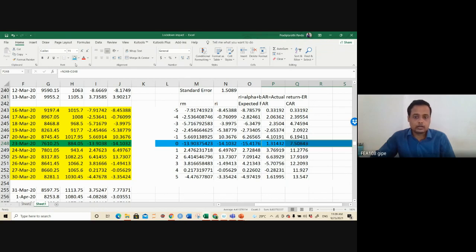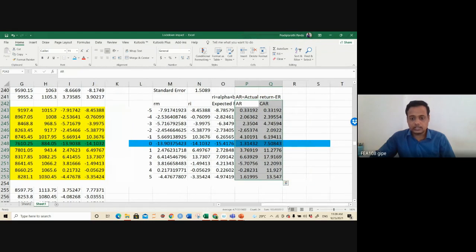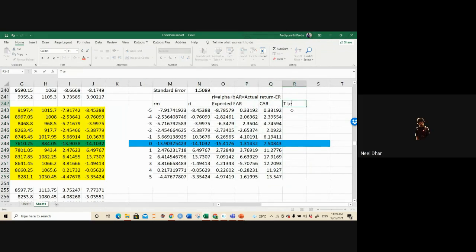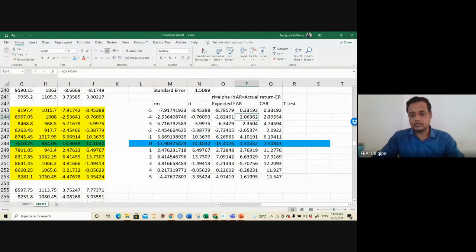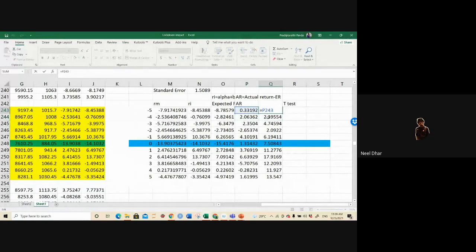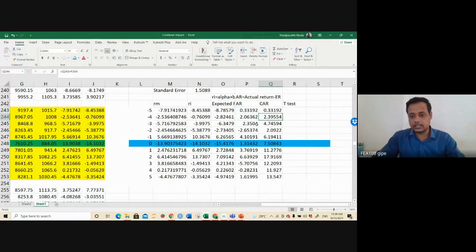All of you got up to this, AR and CAR? Yes or no? So I was a little confused about CAR. What did you do for CAR? Just cumulate this plus this, whatever will come. Then you do this plus this.